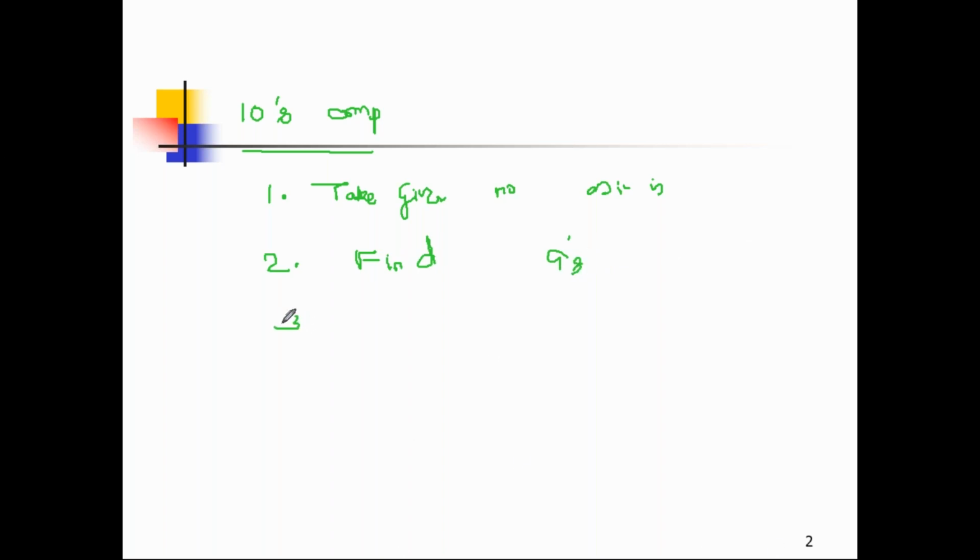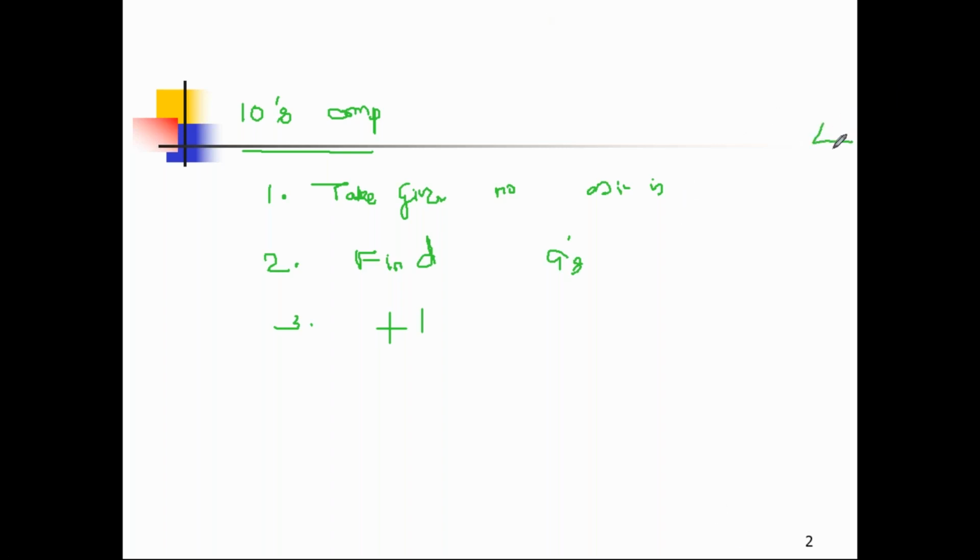Third step, add 1 to the result obtained from the nine's complement. That's all the ten's complement, which is similar to the two's complement through one's complement.